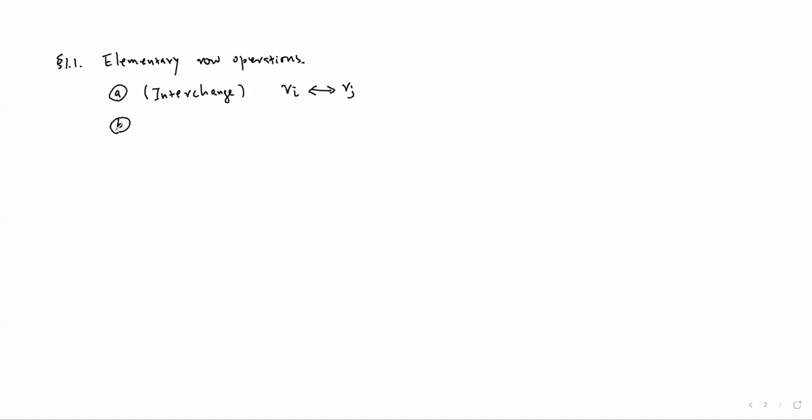Number 2, you can scale 1 row, scaling. The notation is some number times some row. Then we have a new row. Put the new row in row I. It is important that the number is non-zero.